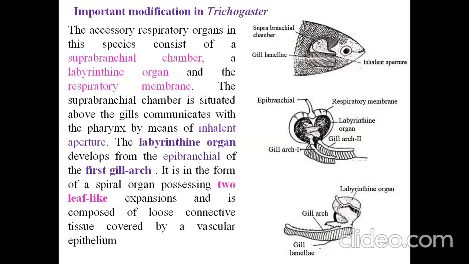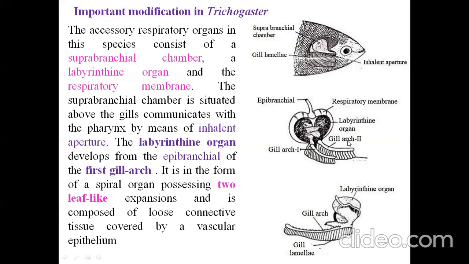And here they have the suprabranchial chamber and a labyrinthine organ. You see, a labyrinthine organ is there, the suprabranchial chamber is there, and gill arch 1, gill arch 2.